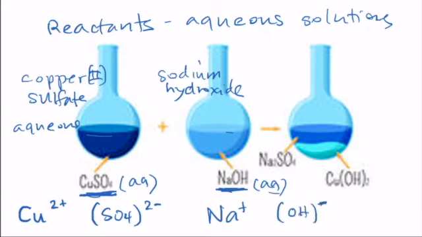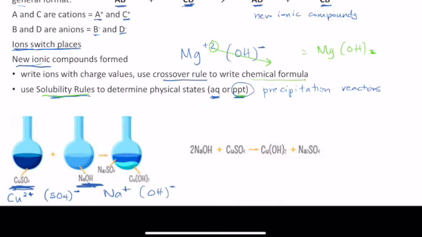So basically you have 4 ions, and those ions are all going to switch places in a double replacement reaction. So these take new partners. This copper bonds to a new partner, which is OH-. So you would write Cu2+ with the new partner OH-, and the crossover rule would give you Cu(OH)2.